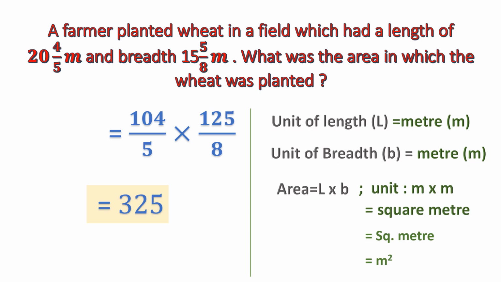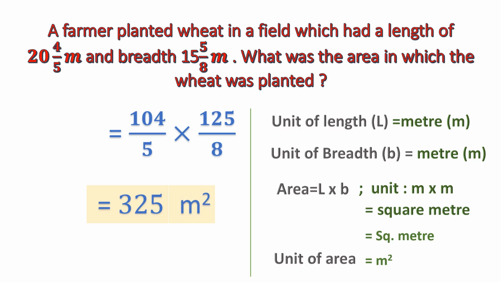We denote this symbol like this, m with 2 on the top as a superscript, and we call it meter square. So our answer will be 325 meter square because the unit of area is meter square.